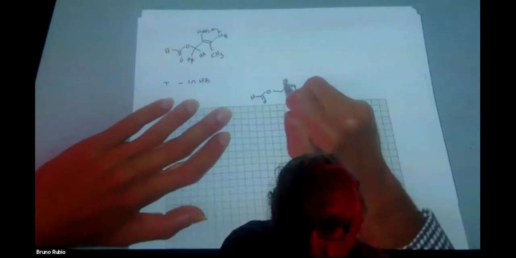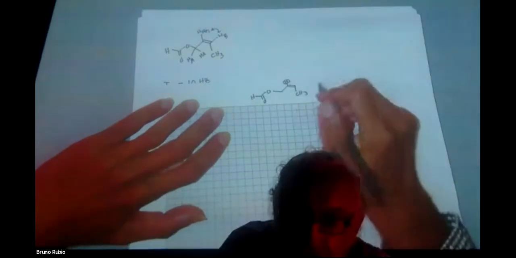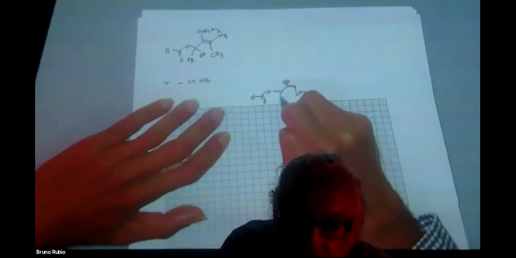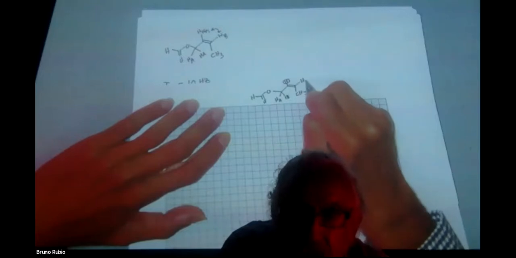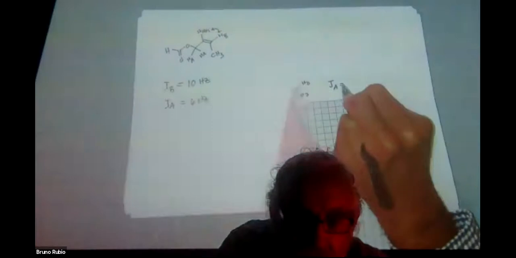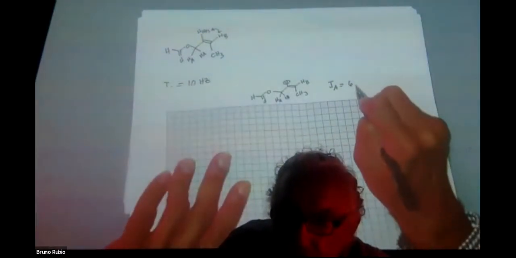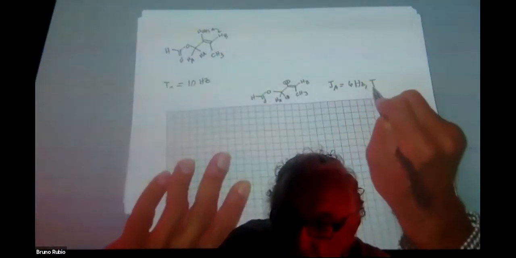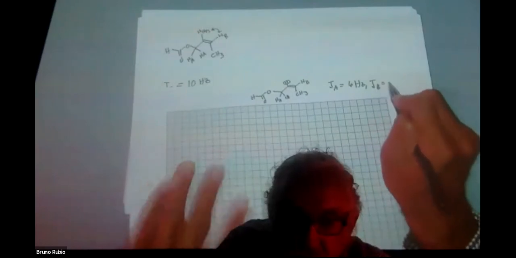And this is the observed proton there. And these are the HA, these are the HA, and here's the HB, right? And JA is what I say, 6 hertz. JB is what I say, 10 hertz.